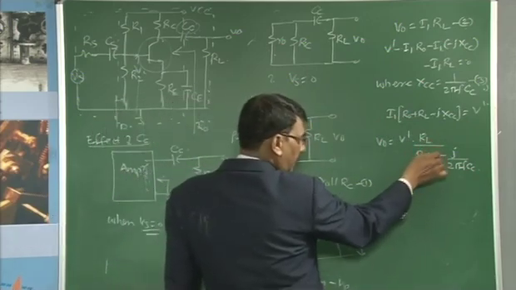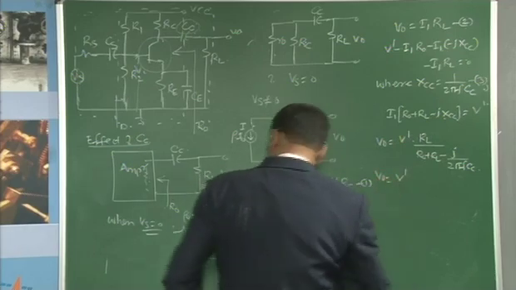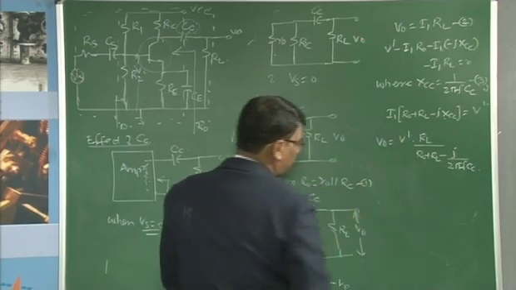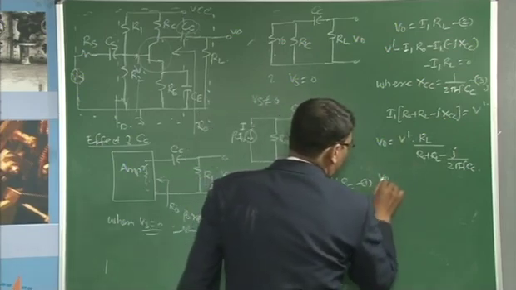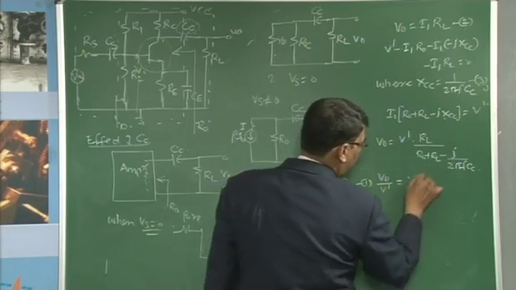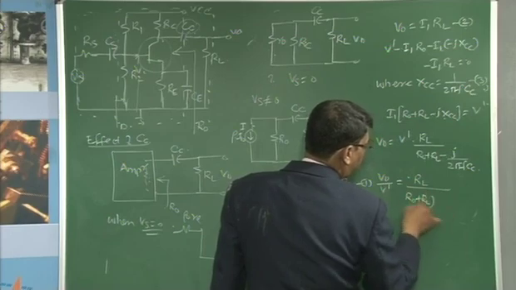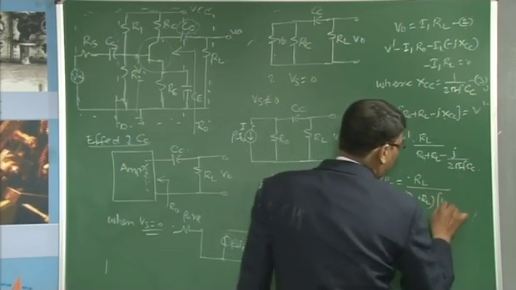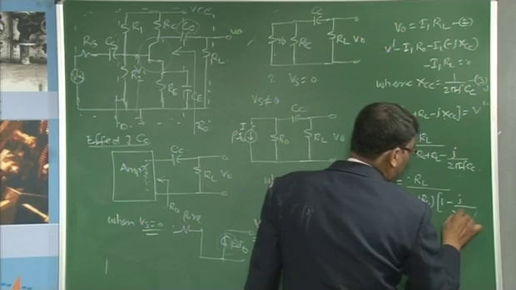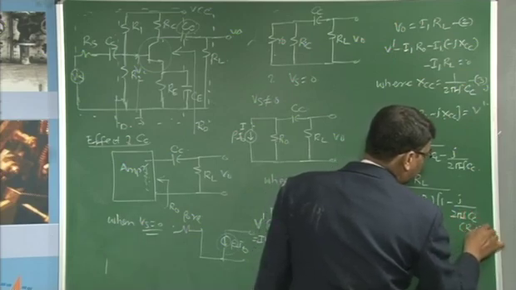Normalizing the denominator, we get V naught by V dash equal to RL divided by R naught plus RL, and taking common, this becomes 1 minus j divided by 2 pi f CC into R naught plus RL.